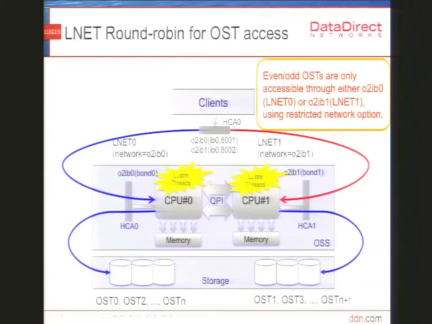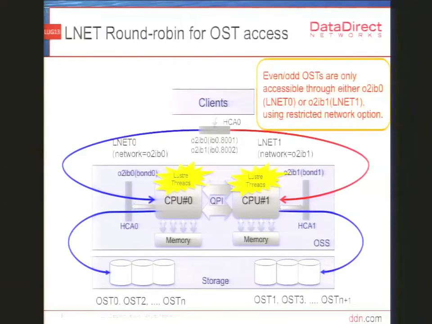So this is the OST configuration. We create one single file system consisting of all of the OSTs, but the even-numbered OSTs are only accessible from LNET 0, which is o2ib0, and the odd-numbered OSTs are only accessible from LNET 1.